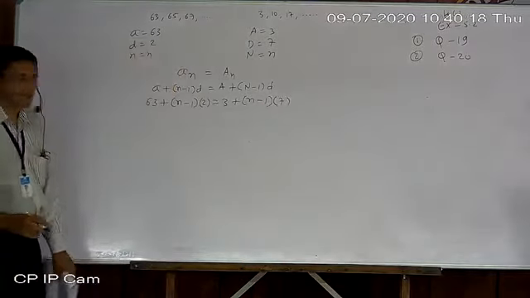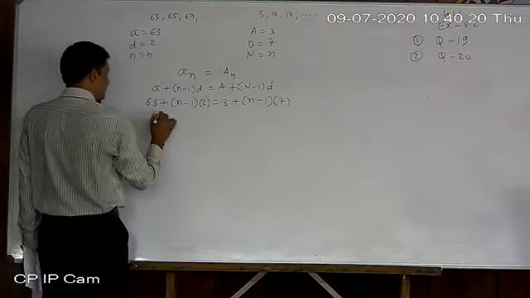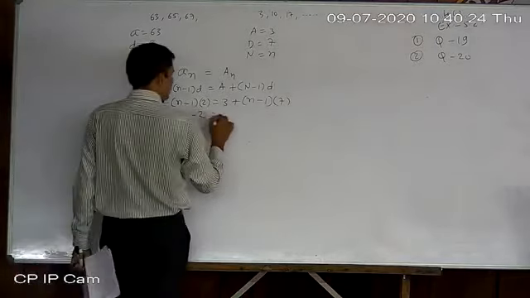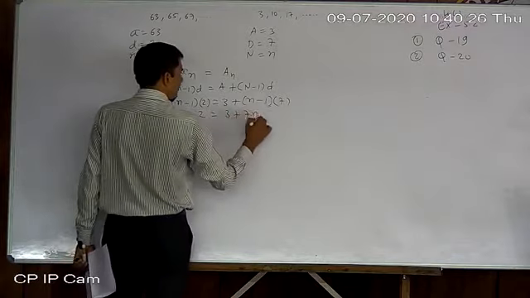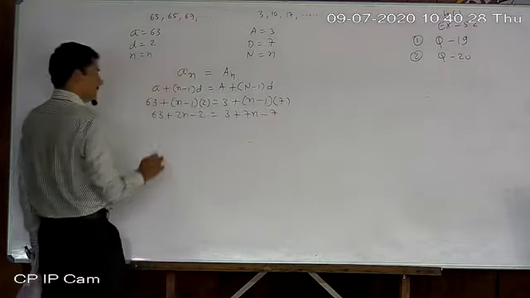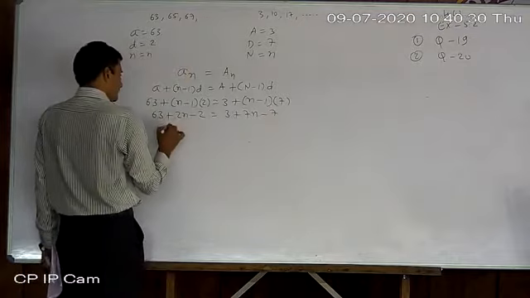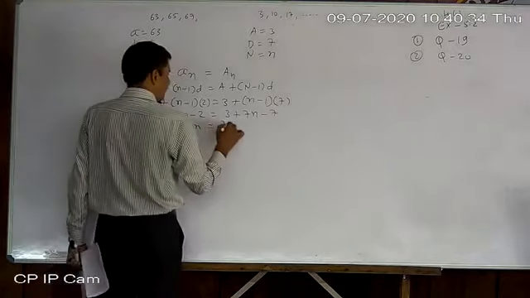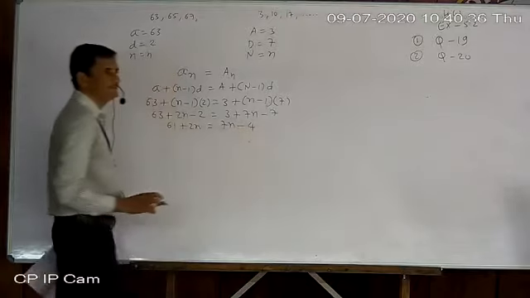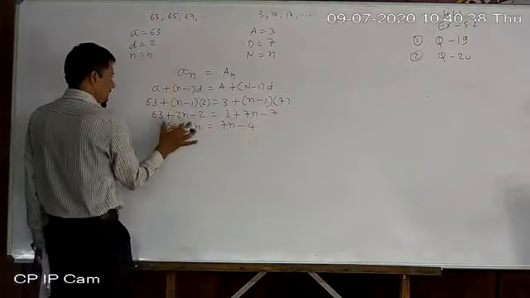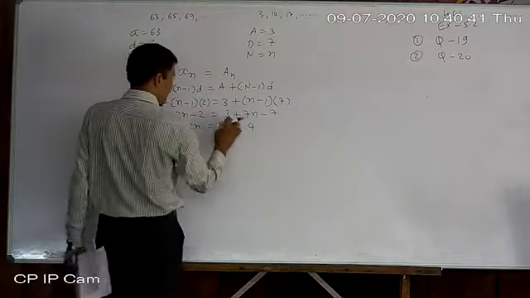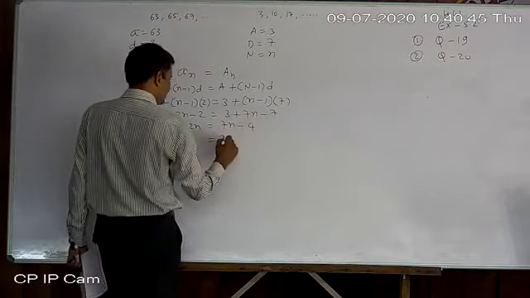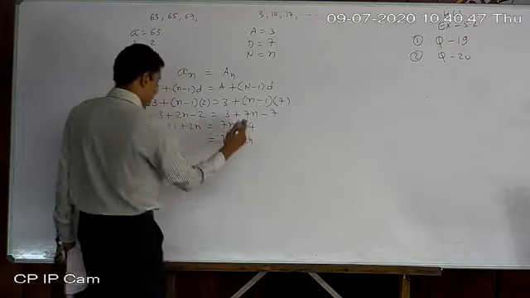Okay. Now 63 plus 2n minus 2. Now 3 plus 7n minus 7. Now 61 plus 2n equals 7n minus 4. Now I want n only, so I shift the 2n here and the 4 there.